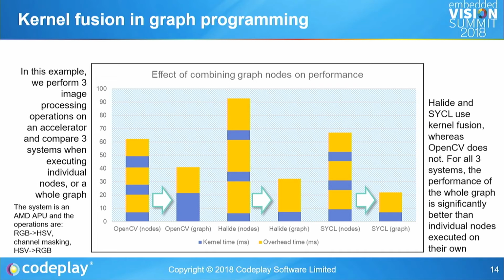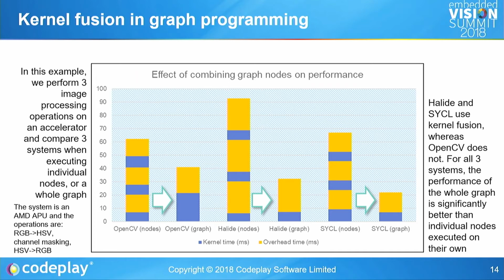Now, Halide is an open source library. It does an interesting thing. It can process those nodes and fuse them together. Now, that means its overhead is much greater than OpenCV. But look what happens when we give Halide those three nodes together. What it does is it combines them into just one kernel.